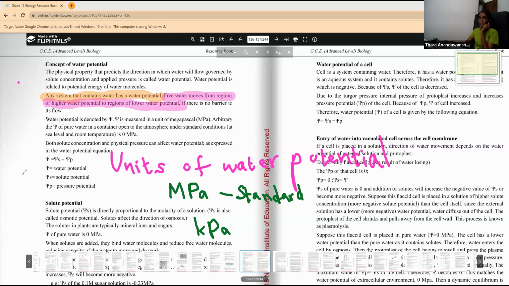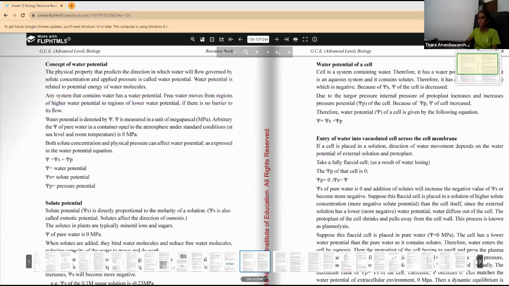It says that arbitrary value of the pure water in a container open to the atmosphere, that means it's found at normal atmospheric pressure under standard conditions at sea level and room temperature, is having water potential 0 megapascal, right? 0 megapascal.